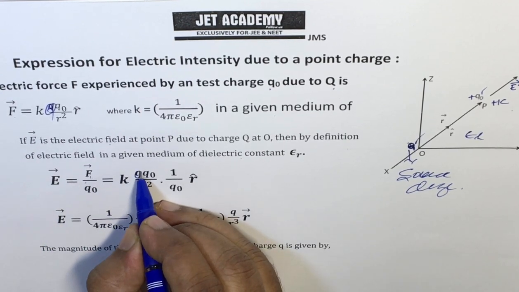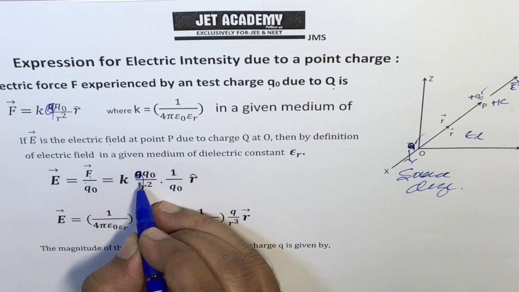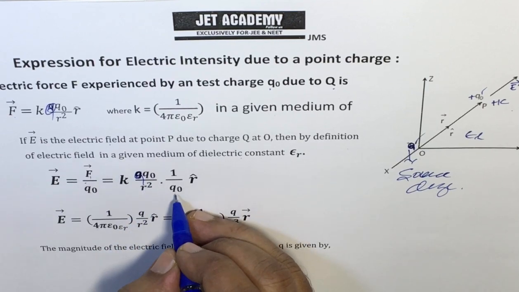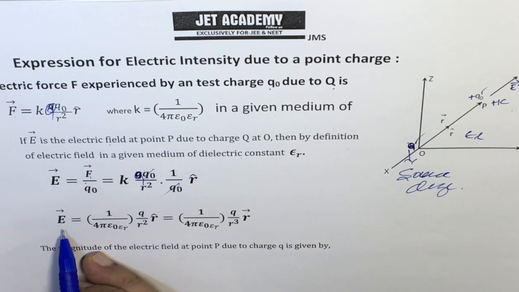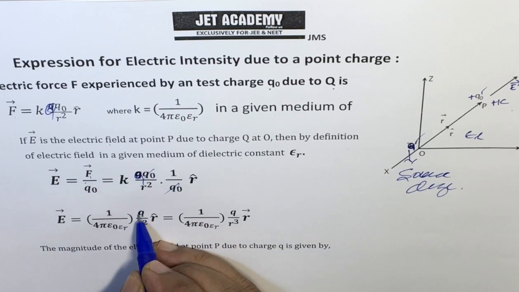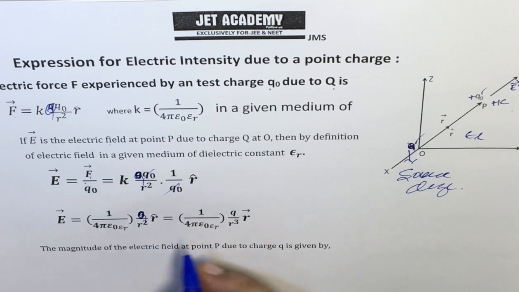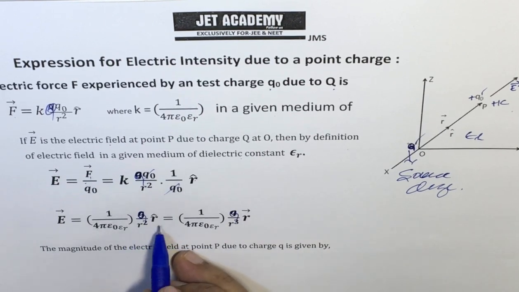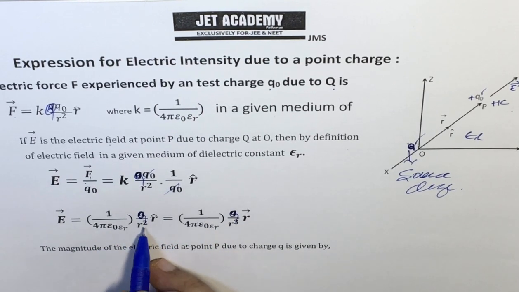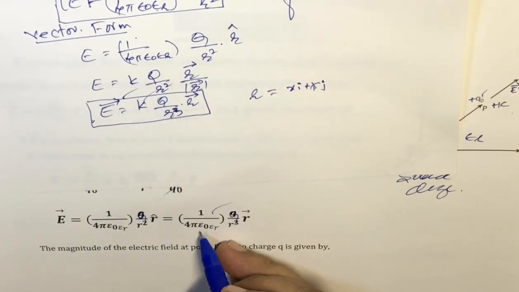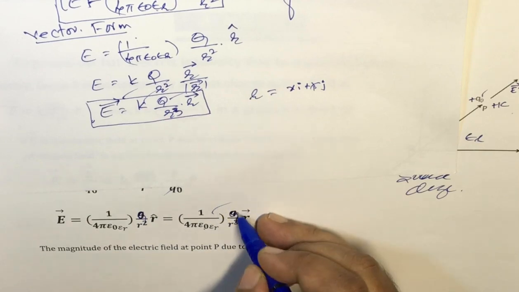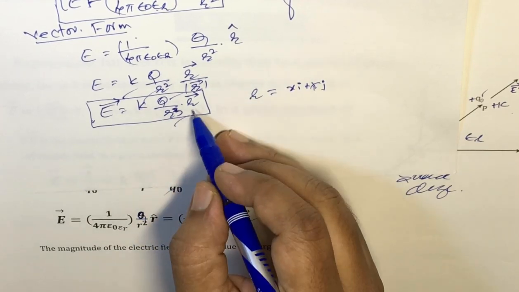And this is the force experienced, k Q Q naught upon R square, times 1 upon Q naught. This is the definition. Then the Q naught gets cancelled. The equation becomes k times the source charge upon R square. This is 1 upon 4 pi epsilon naught, the same thing we derived. E equals Q upon 4 pi epsilon naught epsilon r R cube times the R vector is the vector form.